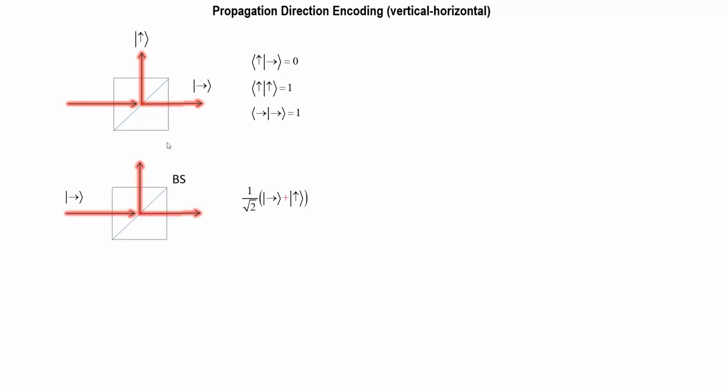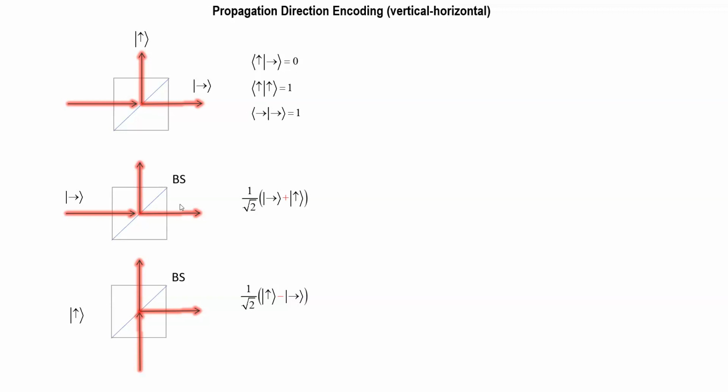Again, if this beam splitter splits perfectly 50-50% of the photons in the vertical and horizontal directions, this beam splitter works as a Hadamard gate.